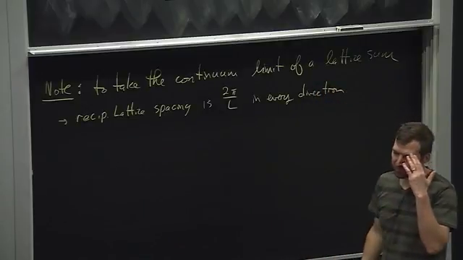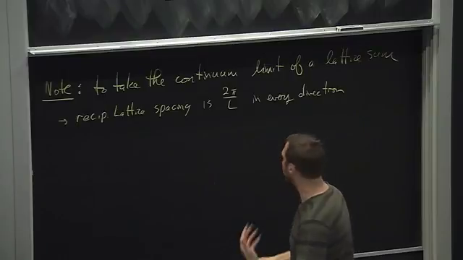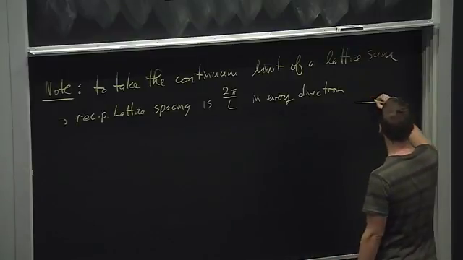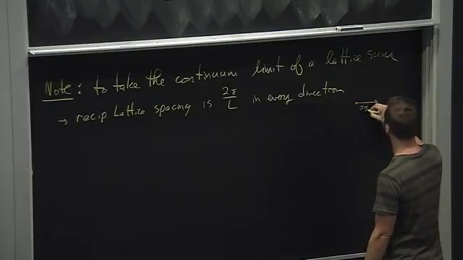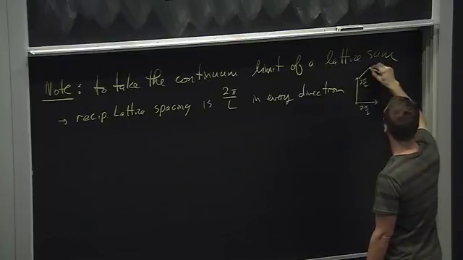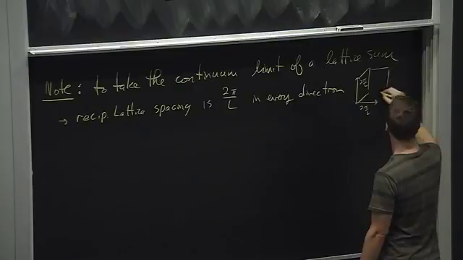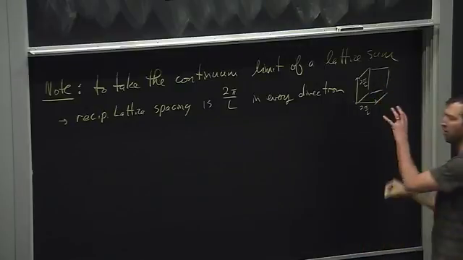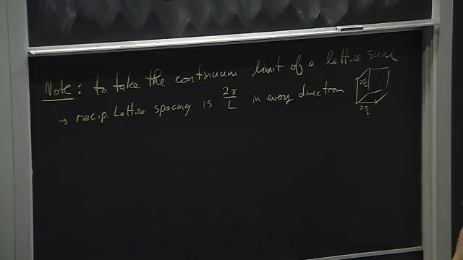Okay, so now you can define a volume, 2 pi over L, 2 pi over L, whatever. There's a volume of that unit cell in reciprocal space.